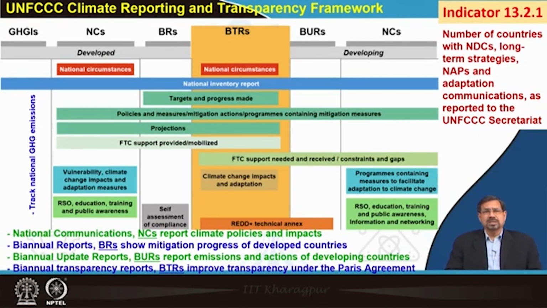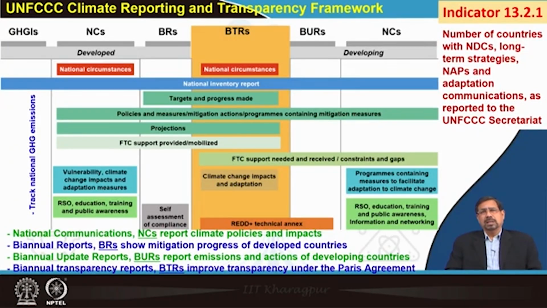So, all this, in terms of the biannual transparency reports, BTRs, touch upon and give information as far as the REDD situation or the technicalities in terms of development. REDD, all of us know, is reduced emissions from deforestation and forest degradation.